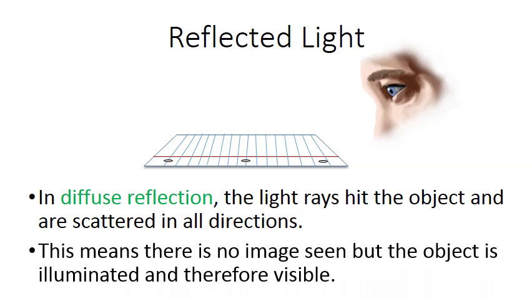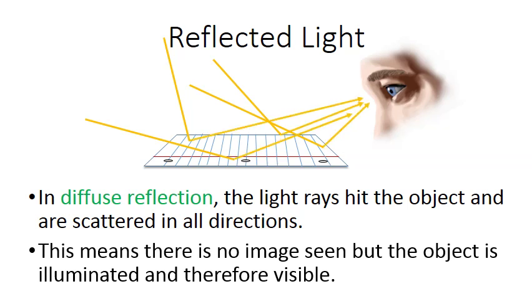So this means that there's no image, but the object is illuminated still by light and therefore visible. So you can still see that piece of paper because light from all over the room in random directions is hitting that piece of paper, and randomly those rays are bouncing off and hitting you in the eye. But there's not going to be any image formed because the light rays are coming from everywhere. So that's why you can't see your reflection in a piece of paper or on a shoe.